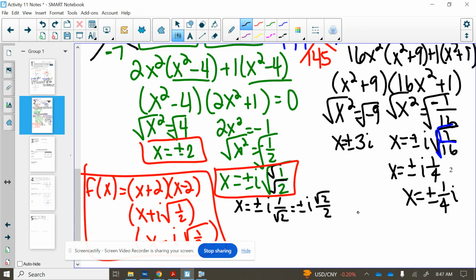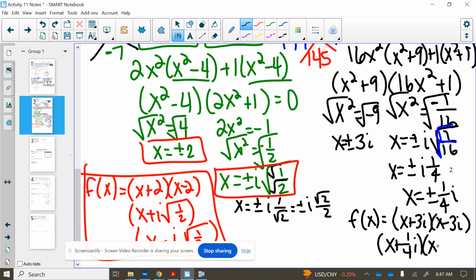And again, positive or negative on that officially as our answers. So when we write our final linear product here, x plus 3i, x minus 3i, x plus 1/4 i, x minus 1/4 i.